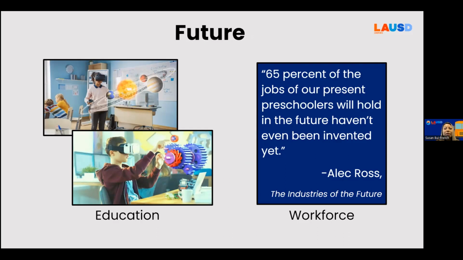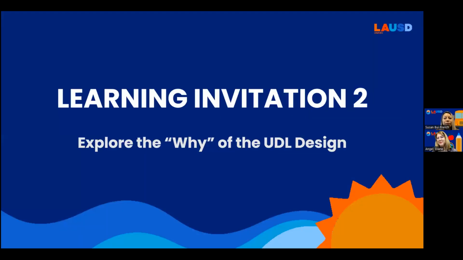The quote on the side of what the workforce will look like is by American technology policy expert Alec Ross. It states, 65% of the jobs that our present preschoolers will hold in the future haven't even been invented yet. As teachers, these are the jobs we are preparing our students for.